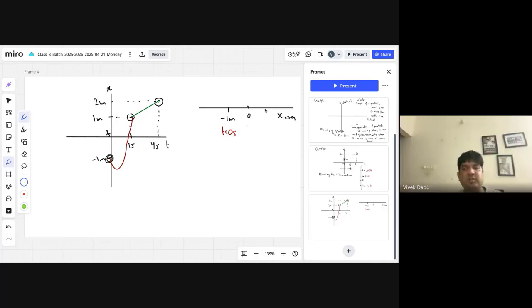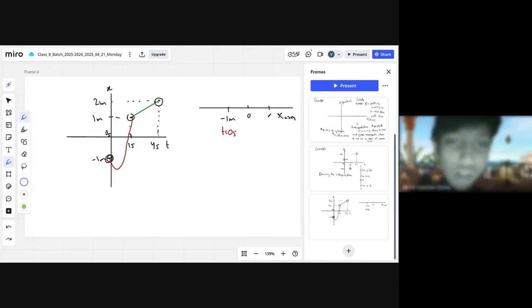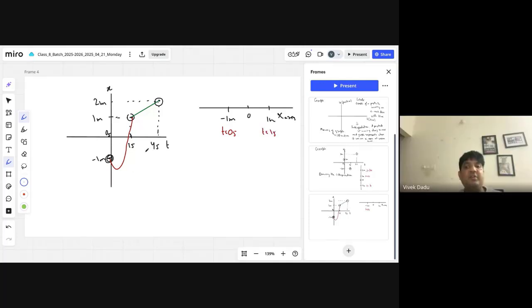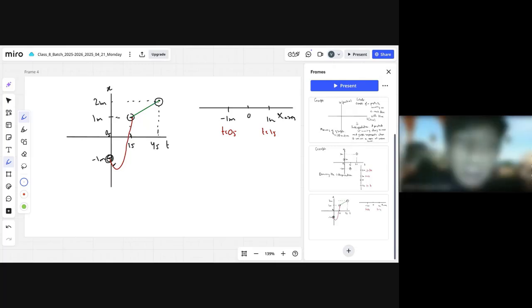Then at 1 meter, t equal to 1 second. But now we have the information about how he moved between 0 second and 1 second. What is that information? So he went back.